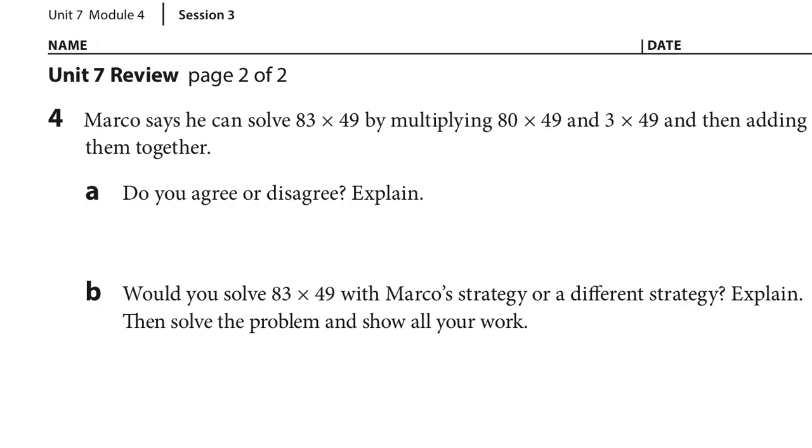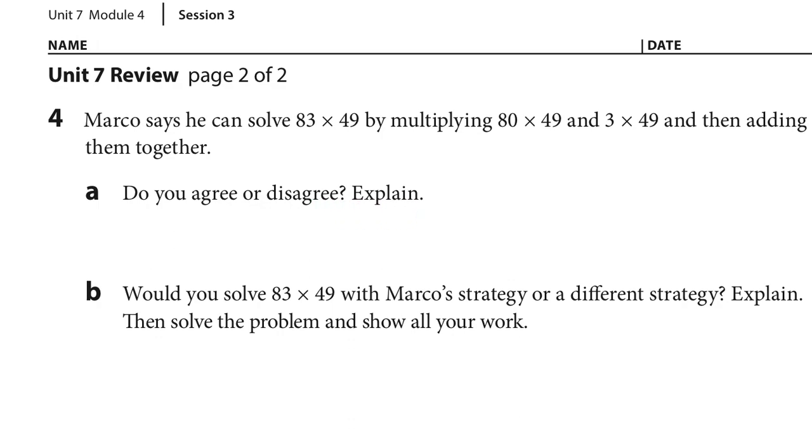Marco says he can solve 83 times 49 by multiplying 80 times 49 and 3 times 49 and then adding them together. Do you agree or disagree? Well, it looks like he's talking about grouping.